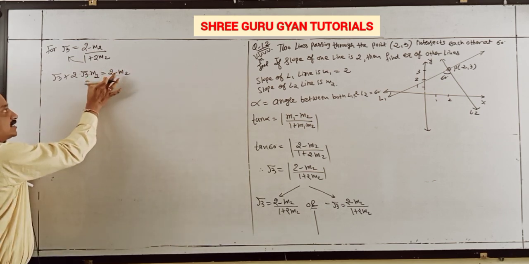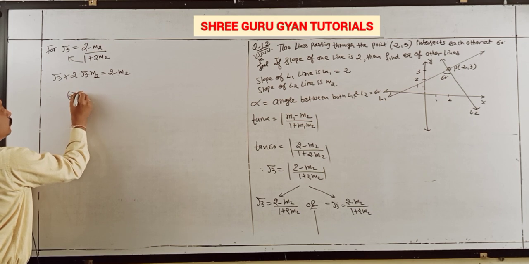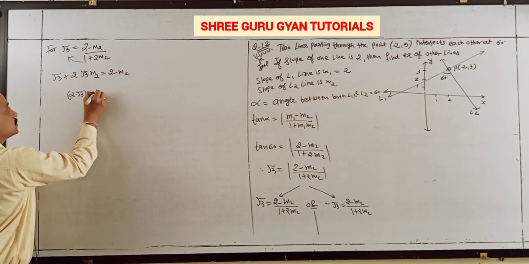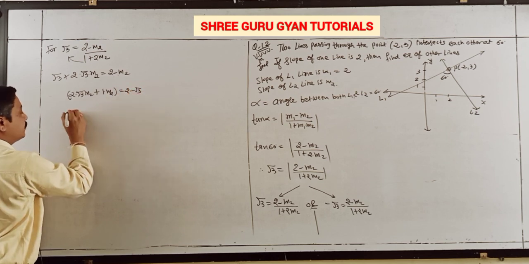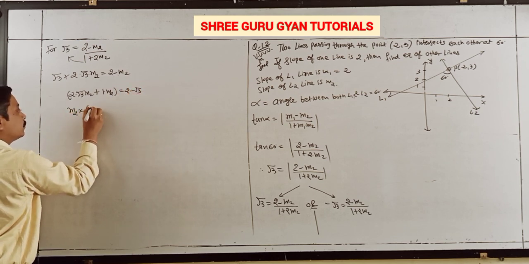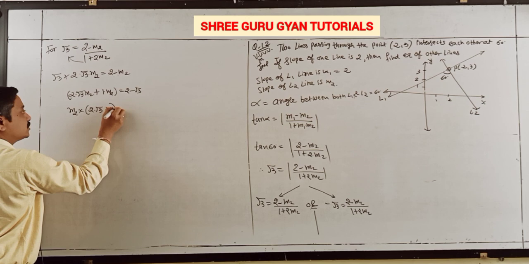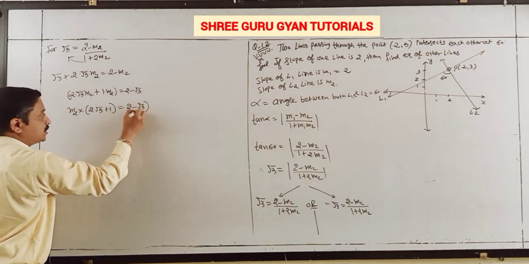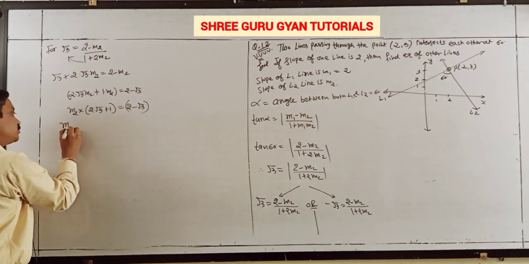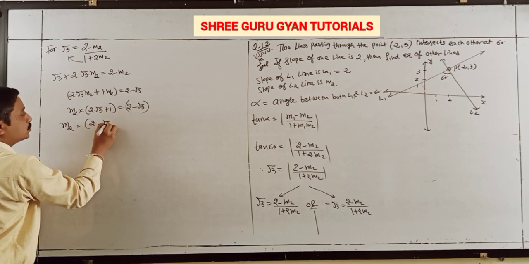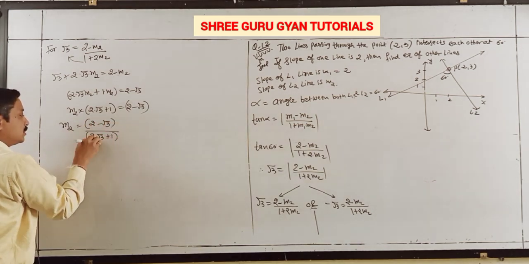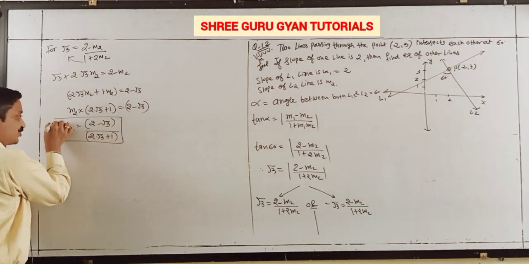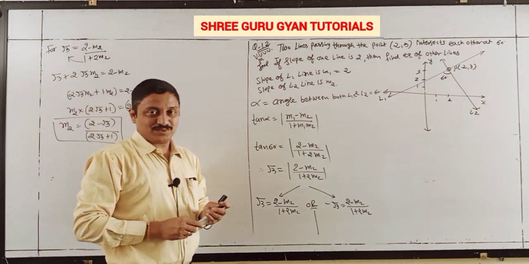So join them: 2 root 3 m2 plus 1 m2, and 2 minus root 3, with m2 common: (2 root 3 plus 1) m2 equals 2 minus root 3. So what is m2? 2 minus root 3 upon 2 root 3 plus 1. That is the slope of the first line, m2.